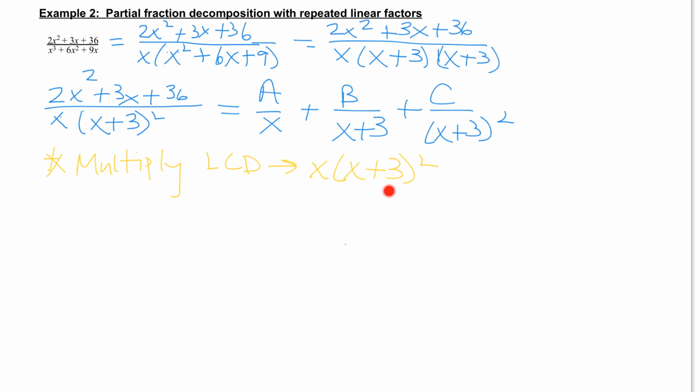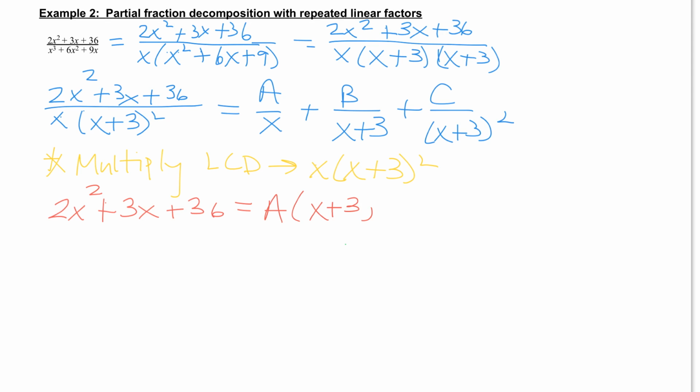If I multiply this by x times x plus 3 squared, it cancels out that entire denominator, and I'm just left with the numerator. So I have 2x squared plus 3x plus 36 equal to, now if I take a over x times this whole thing, the x's will cancel out, and I'll be left with a times x plus 3 squared.